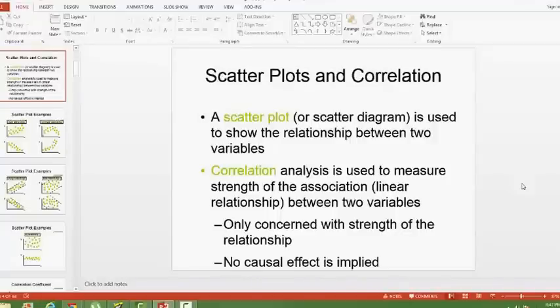So there can be situations where x and y are highly correlated, or there is a strong relationship between them, but neither of them causes the other. Or in some cases, one causes the other, but the other doesn't cause the first one, or x causes y and y doesn't cause x.